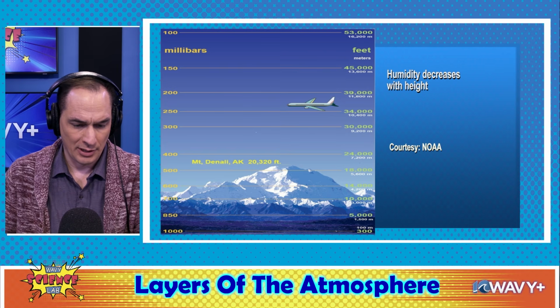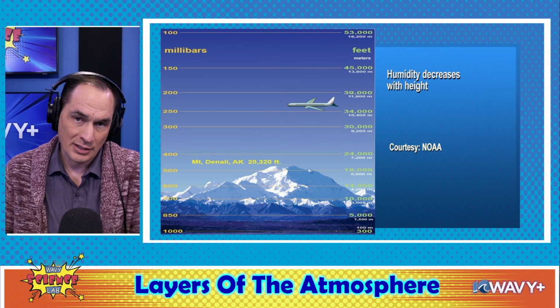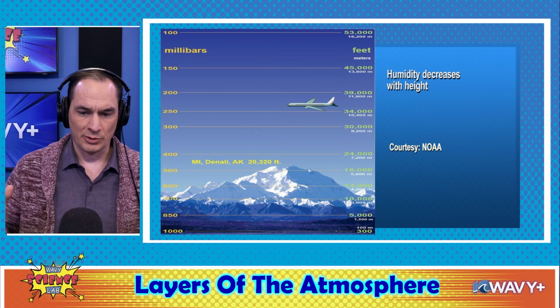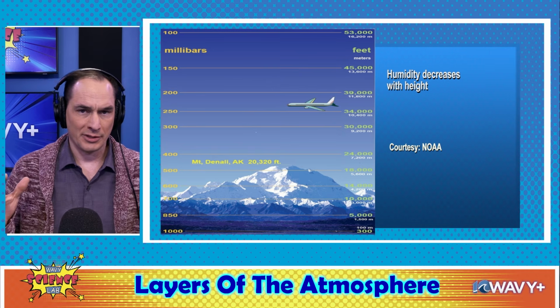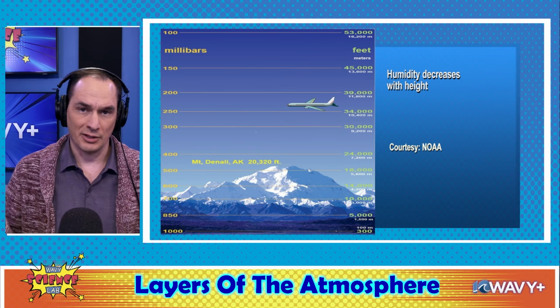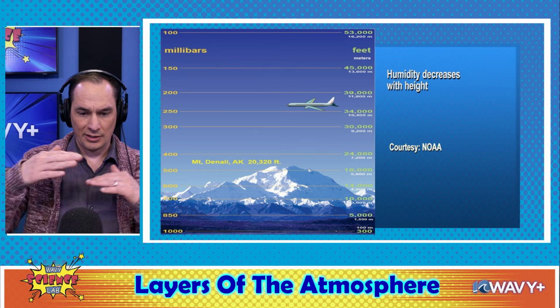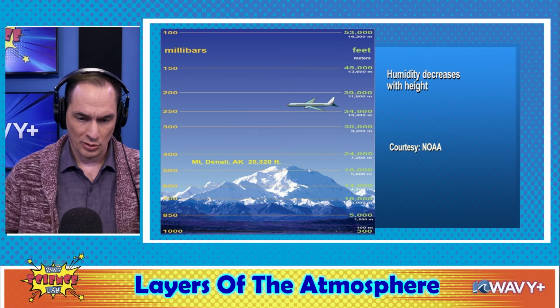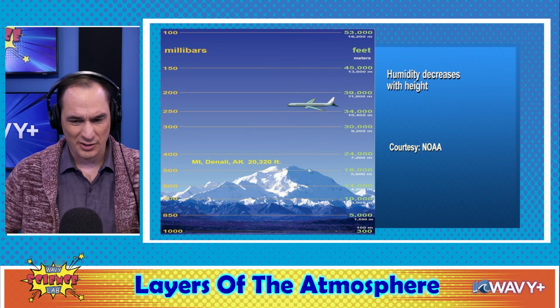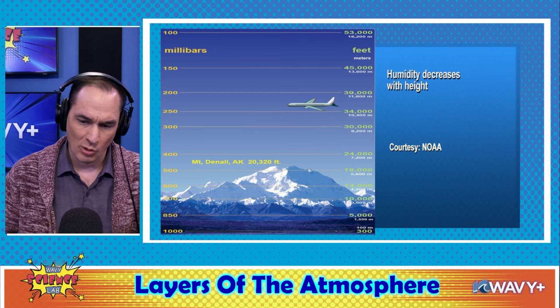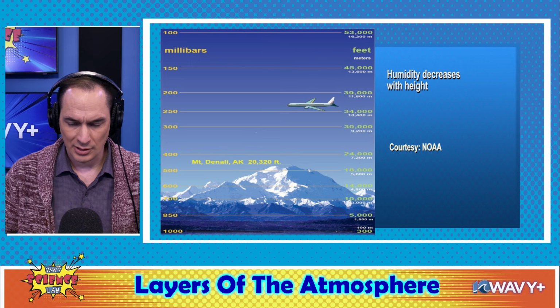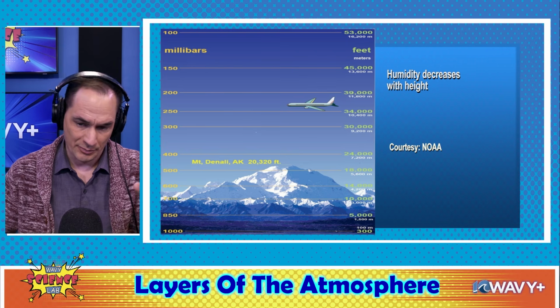A millibar is a unit. Sometimes we'll talk about hurricanes, and it got down to 900 millibars. The lower the pressure, the stronger a storm usually is. Well, in this case, the pressure decreases with height, and so you can see 1,000 millibars at the surface. That's an average. Sometimes a little more, a little less than that, and that's the lowest layer.